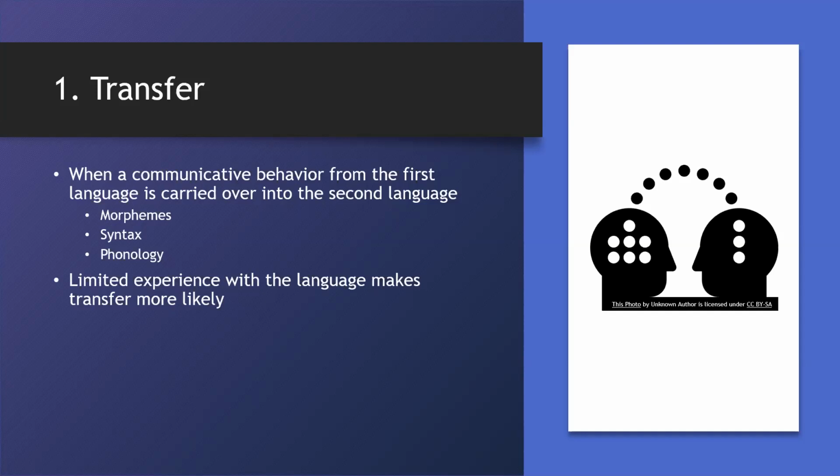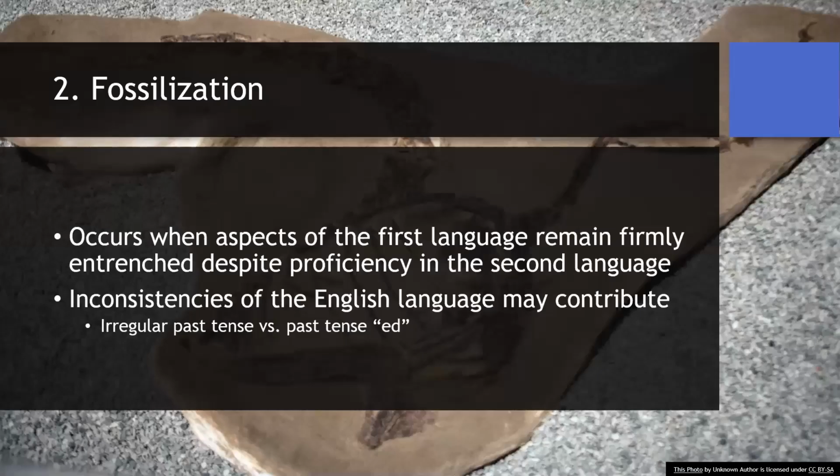So the second thing that may happen is called fossilization. It is when some aspect of your first language becomes permanently entrenched in your second language, despite an overall proficiency in your second language.